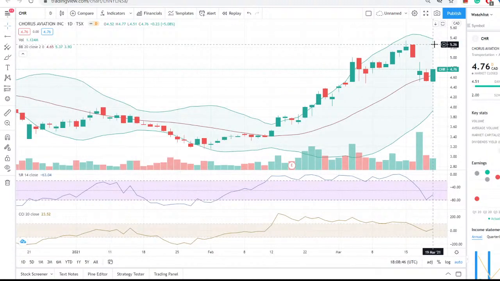Since when are you holding it? I'll tell you exactly since when I'm holding it. CHR I'm holding. Date of purchase? It's a bigger purchase.